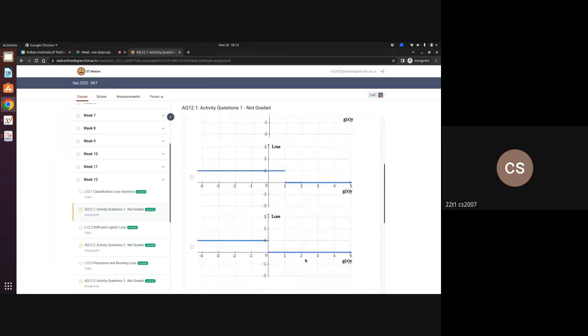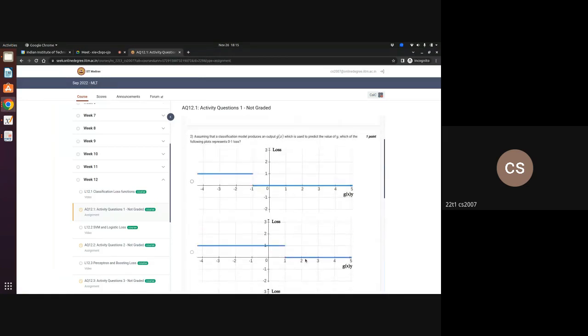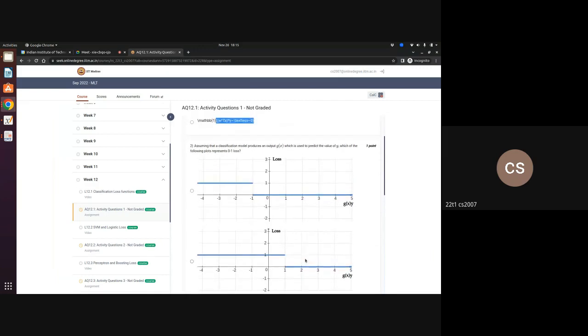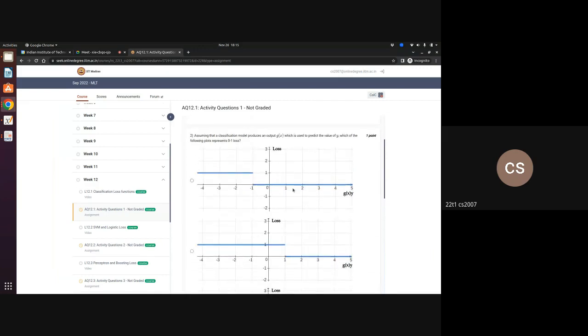Now, out of these three, we have to choose which one represents the 0-1 loss. Does the first one represent that? On the x-axis, we have g(x) into y, where g(x) is equal to W transpose x. So basically the x-axis is W transpose x into y.